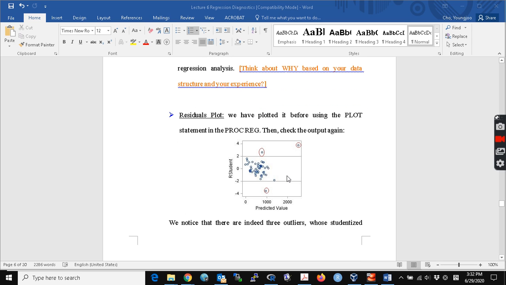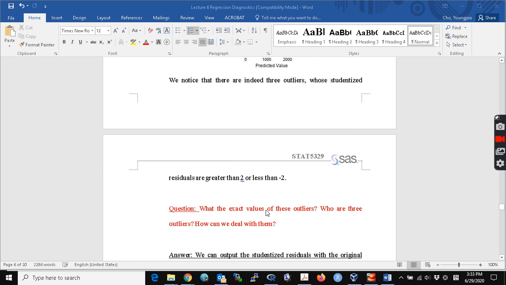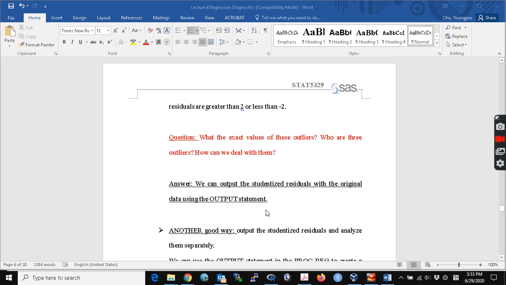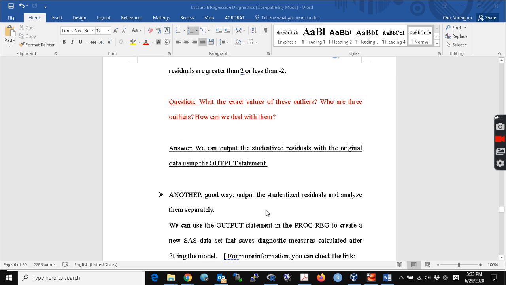The second method we can use is residual plots. Let's look at the residual plots for values greater than 2 or less than -2. We can see that there are 3 points, and we can check these 3 data points by using the output statement.